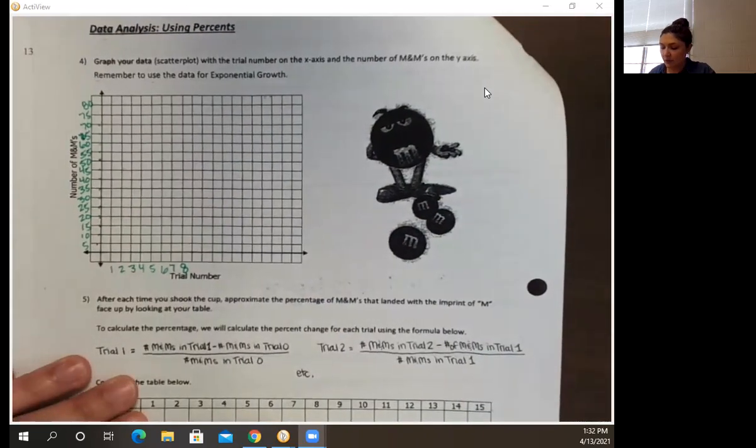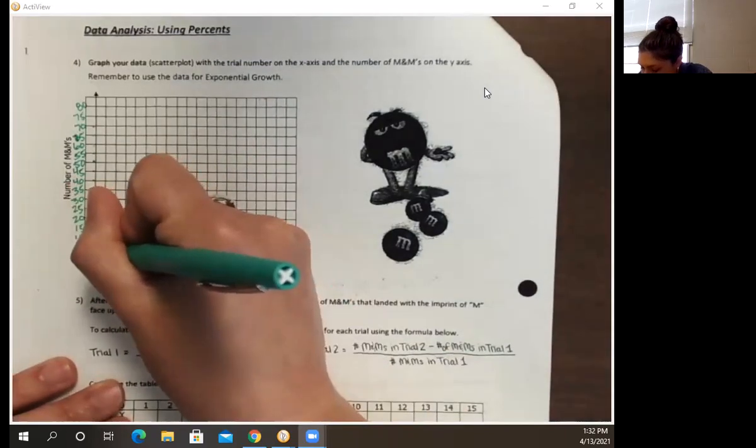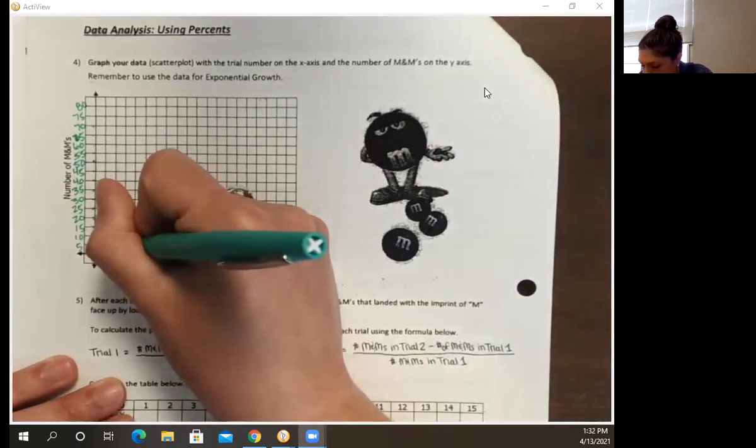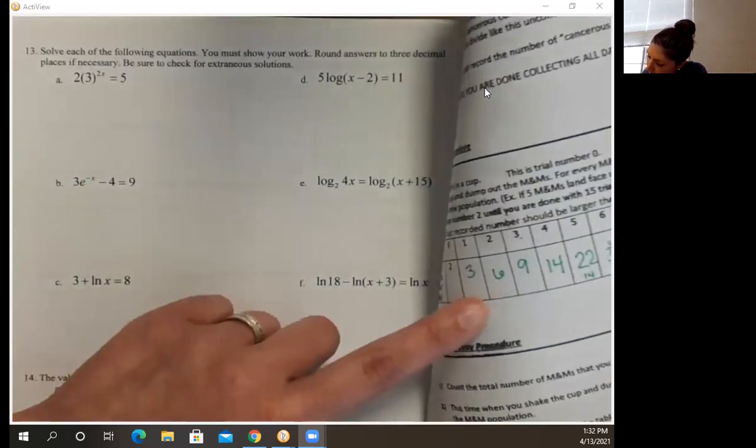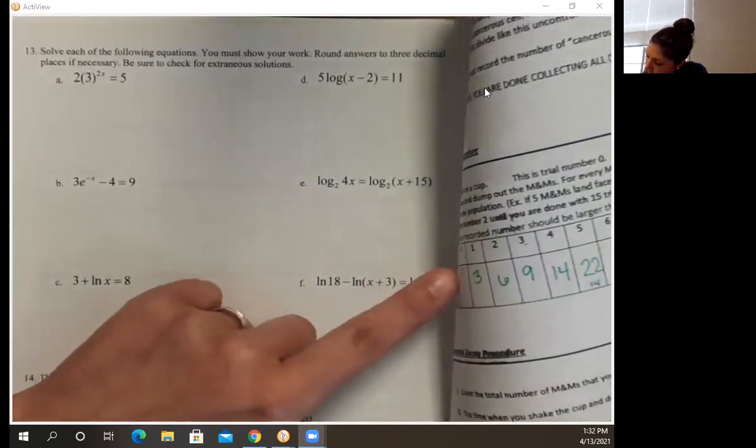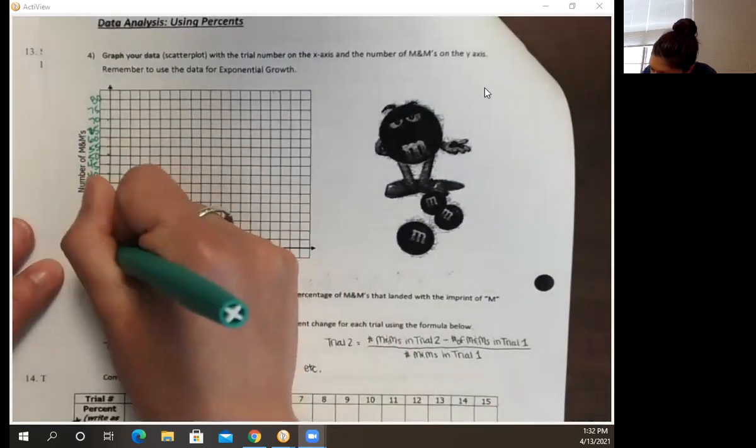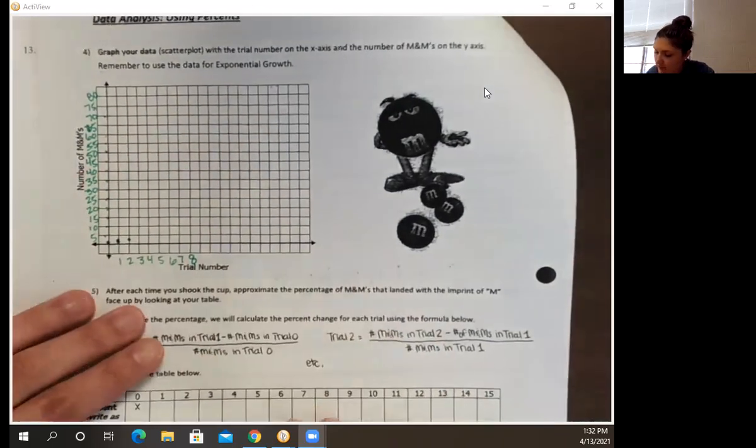Okay, and so for trial number 0, we had 2 M&Ms. I'm off by just a little bit here. Then 3 M&Ms.